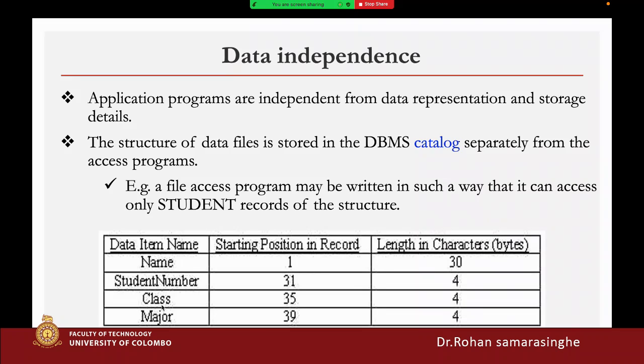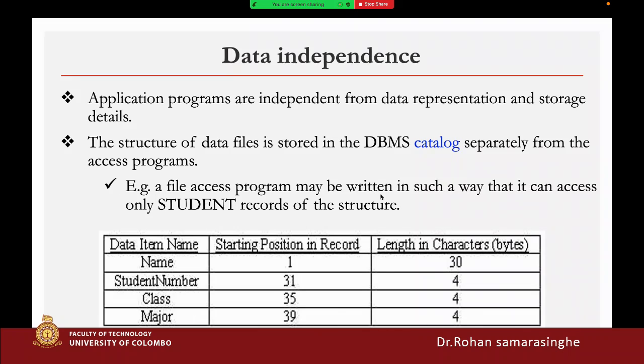Class starts from 35 and also has only 4 characters. Major starts from 39 and has only 4 characters.